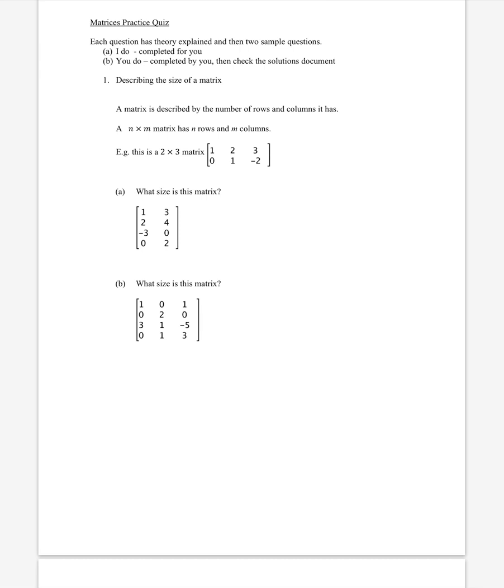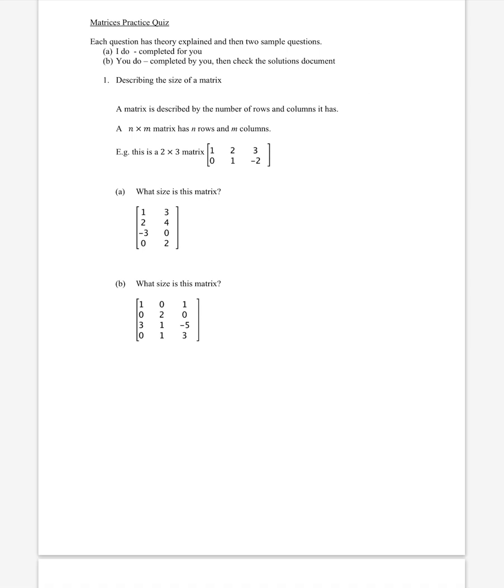Okay, so number 1, describing the size of a matrix. Every matrix we talk about in terms of how many rows and columns it has. Some n by m matrix has n rows and m columns.